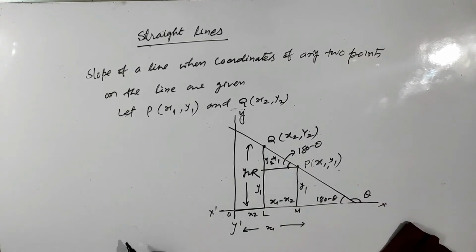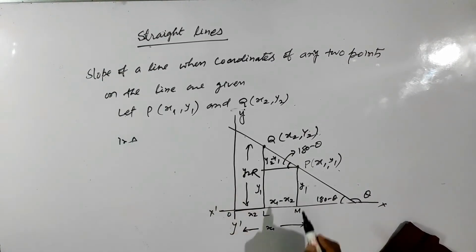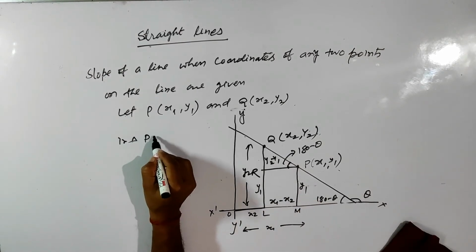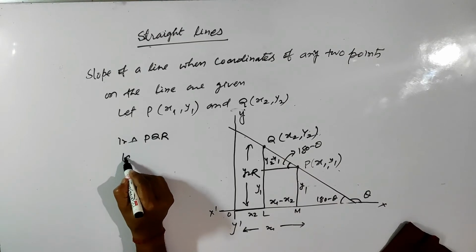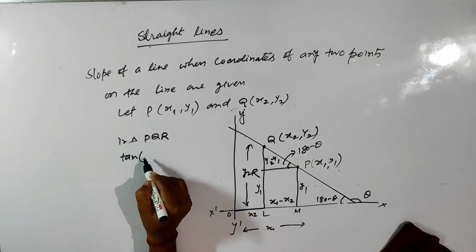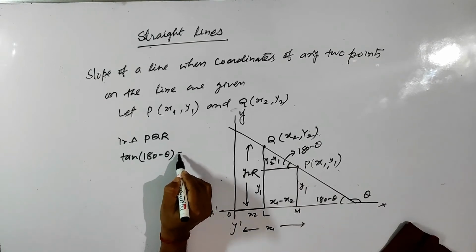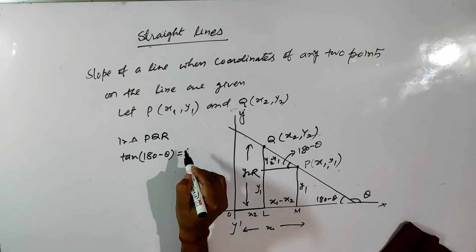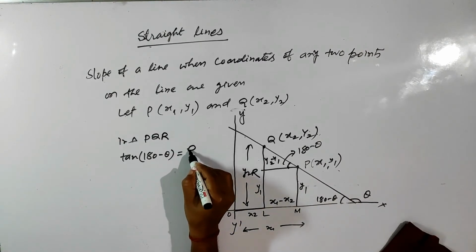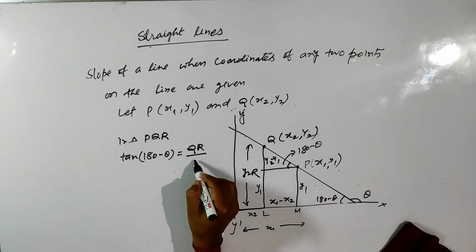So now in triangle PQR, tan of 180 minus theta is equal to perpendicular, which means QR, upon RP.